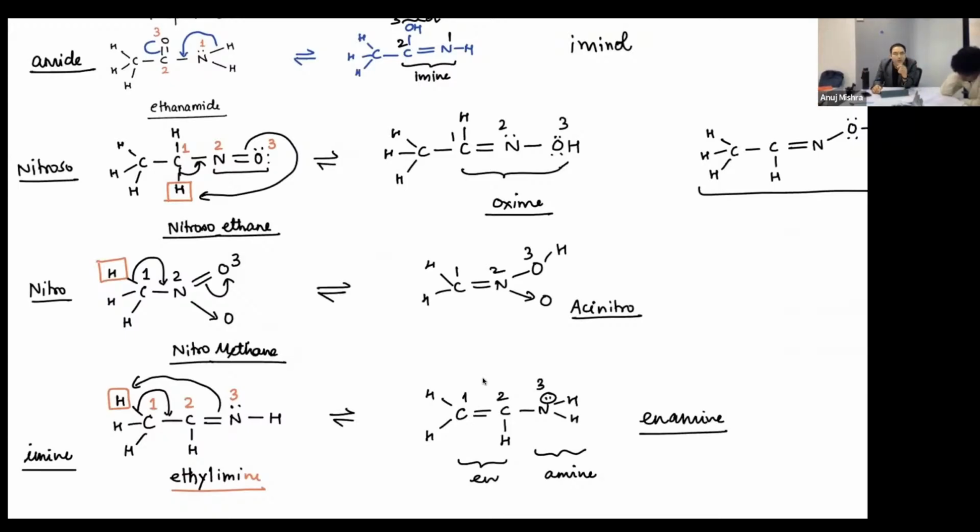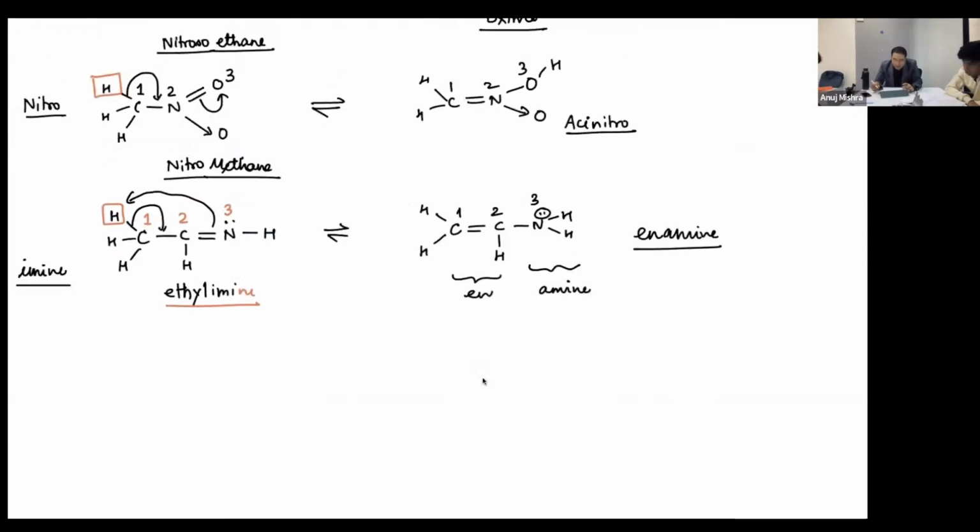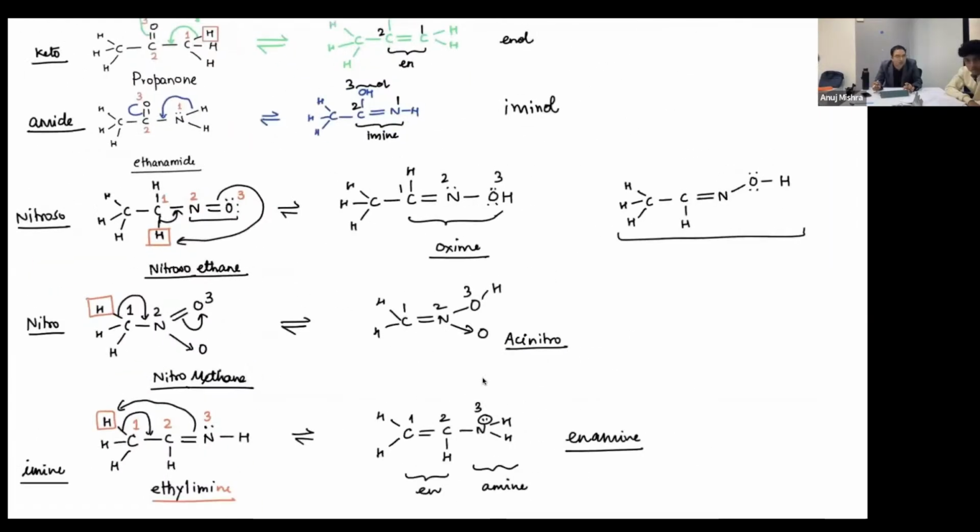Double bond will go from 2, 3 to 1, 2, and hydrogen will go from 1 to 3. Easy. अब तो figure out कर सकते हो. This is called tautomerization, and this isomerization is under structural isomers. Okay. ठीक है. Any problems with this discussion?